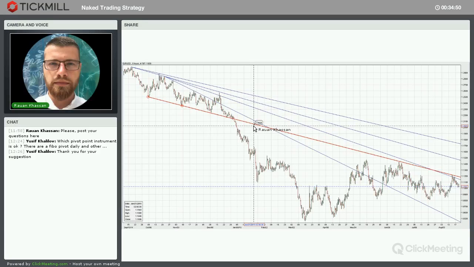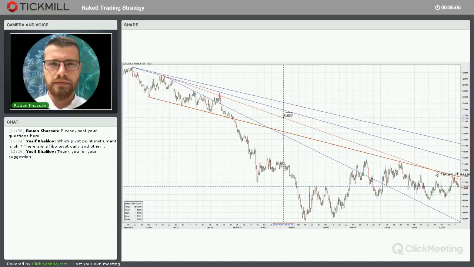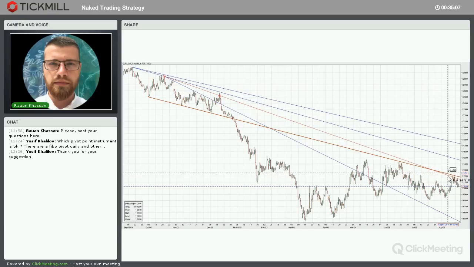Because this dynamic level has got a proven performance. As for the other lines, the other one just confirms a more precise signal from the descending trend line from the bottoms.